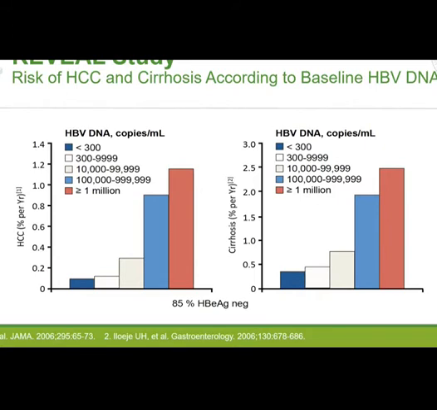Those patients who have got high viral load are more prone to develop cirrhosis of liver. So this gave us an insight that if we keep the viral load to the minimum level, the chances of developing hepatocellular carcinoma, the chances of developing cirrhosis of liver are at very low levels.